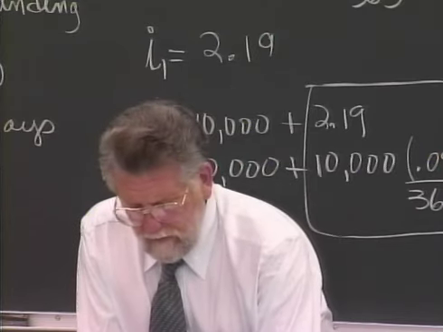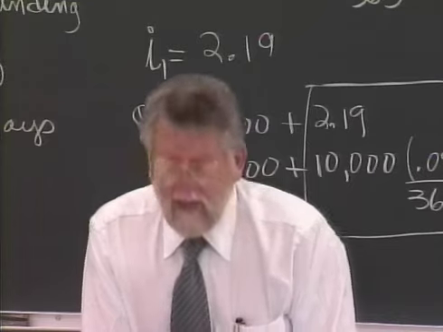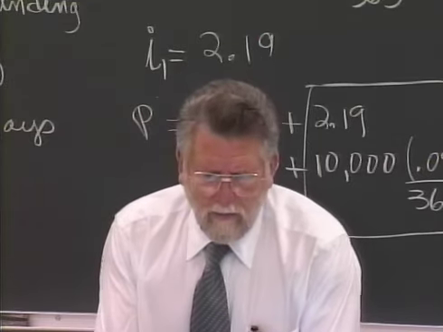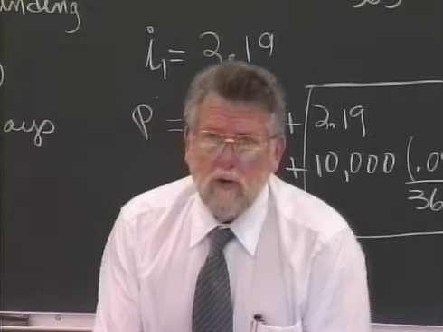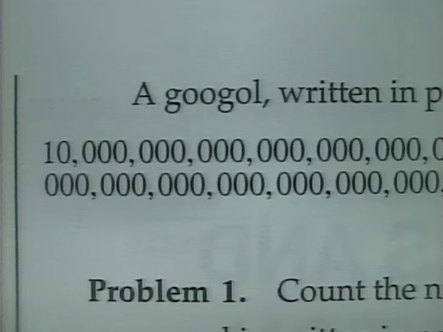So the question, Dr. Kasner was trying to think of the largest number that you might need. Largest number. And so he came up with this, a Google, and it was a 1, and there are 100 zeros after that number, after the 1. 100 zeros.